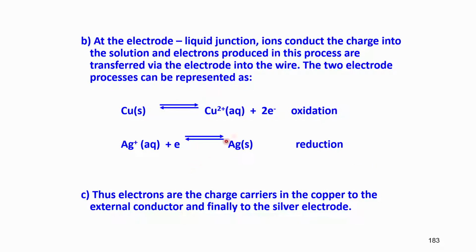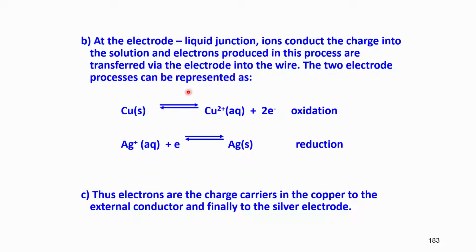Okay. So, at the electrode and liquid, you see that is the liquid junction. At the electrode liquid junction, ions conduct the charge into the solution from the metal, and electrons produced in this process are transferred via the electrode into the external wire.